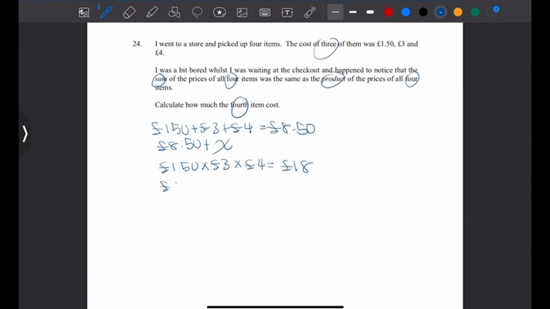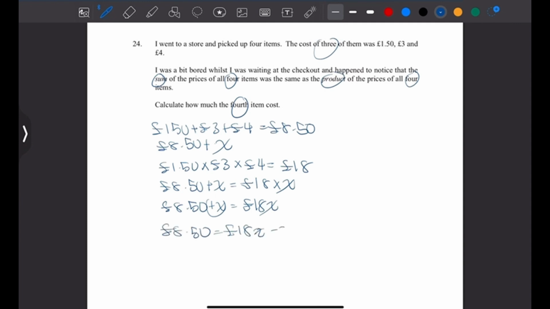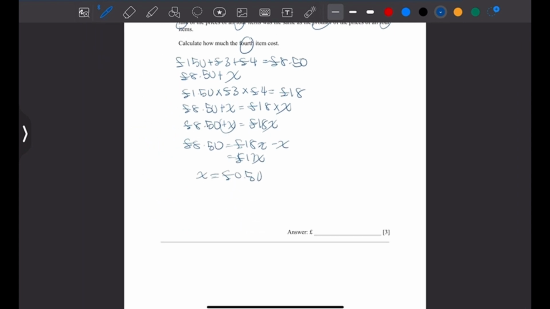So let's set up the equation. 8.50 plus x equals 18x. And then we're going to move x over here. That will become 17x. And we want to find x, you're going to divide, you get 0.5 dollars. So this is the answer.